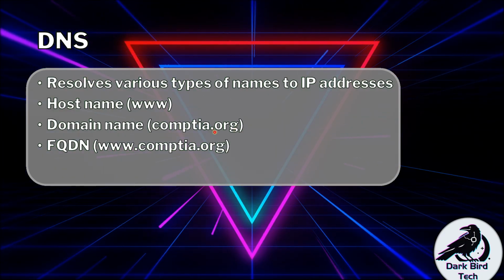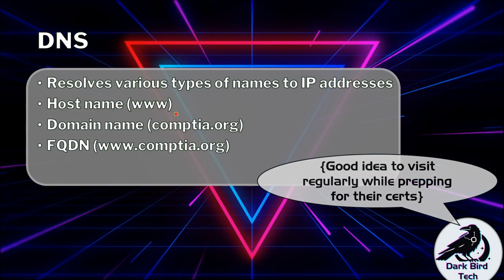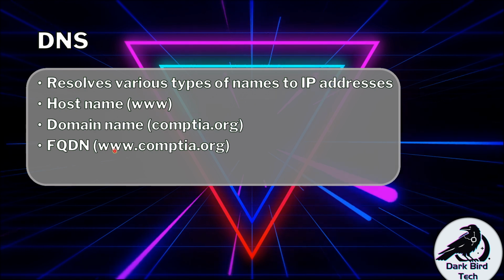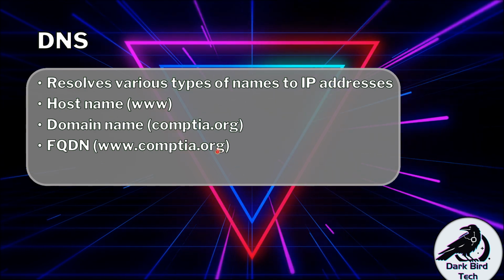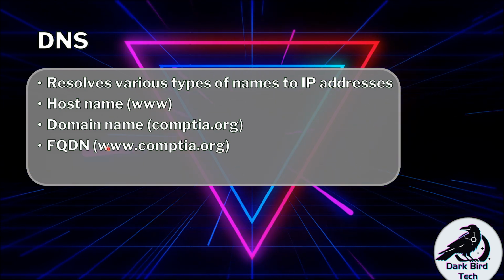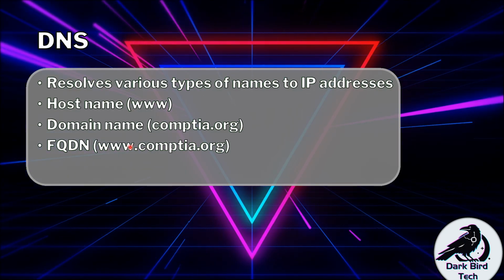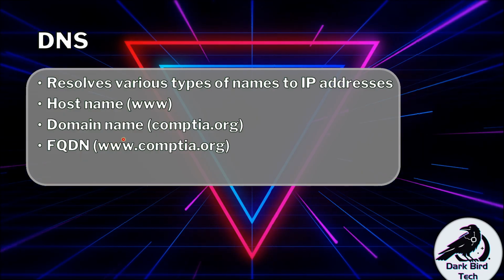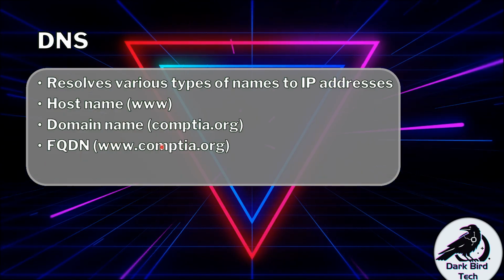The web server that you're contacting to look at CompTIA's website is called www, and we consider the whole string there to be a fully qualified domain name because we're identifying we want to talk to the web server. Not the mail server, not the FTP server, the web server specifically. And we want to speak to the web server in CompTIA.